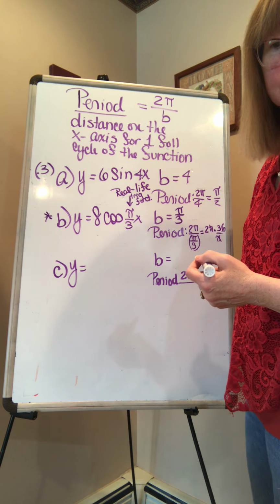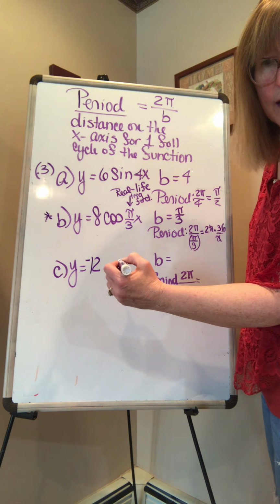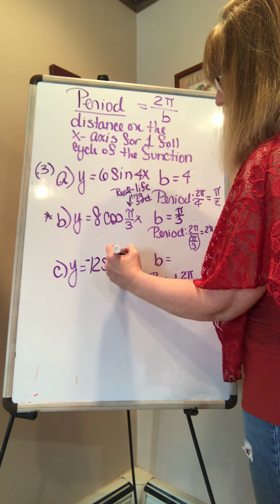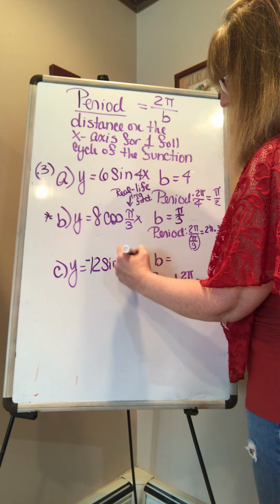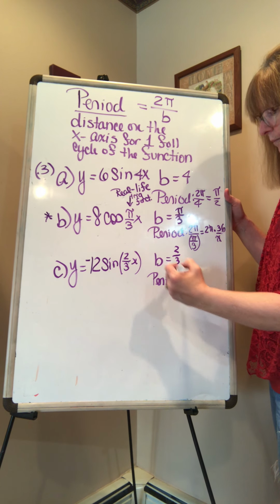Let's take a look at C. C says negative 12 sine of 2/3 x. Well, my frequency is rational, it's 2/3.